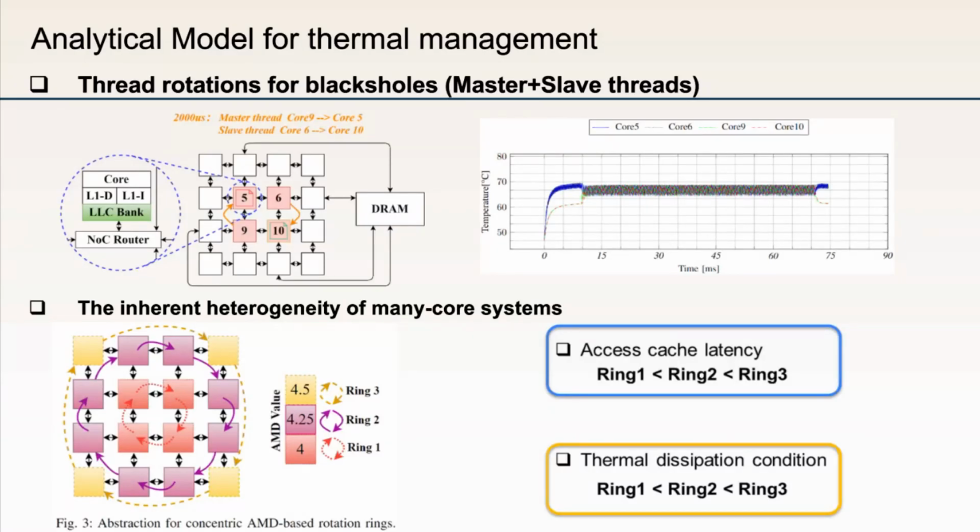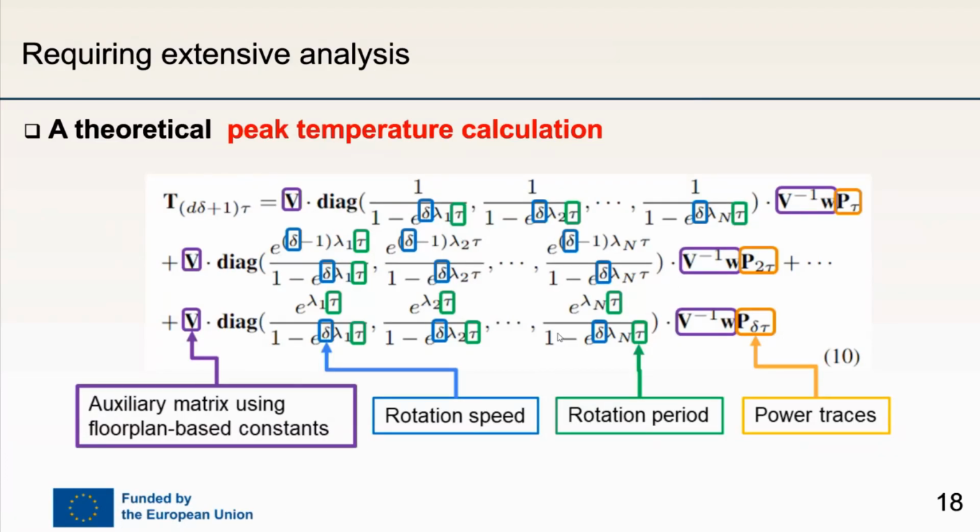However, it requires extensive analysis of system characteristics, such as the cache latency and each core's heat dissipation conditions, making it highly complex. Determining the rotation speed and period involves sophisticated equations.